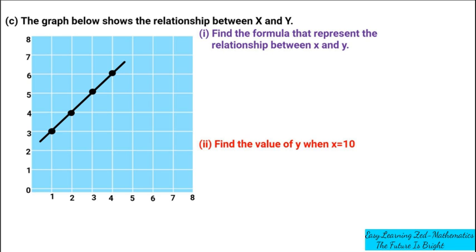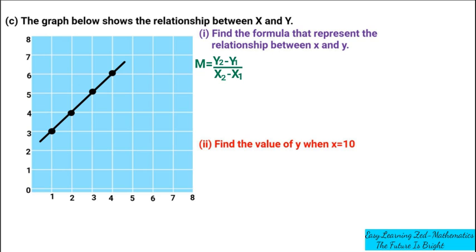So the formula for gradient is M is equal to Y2 minus Y1 over X2 minus X1. Okay, so here we're going to select 2 points.